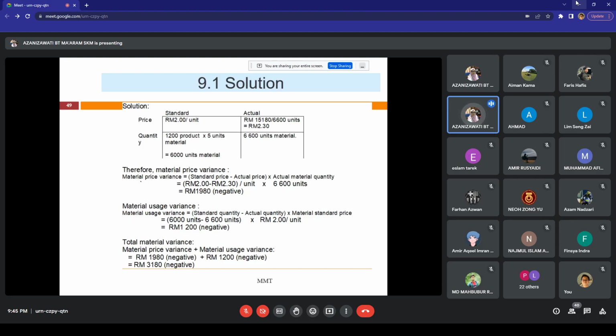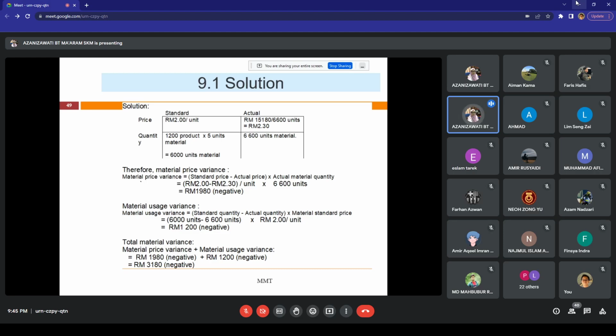Therefore the material price variance is the standard price of 2 ringgit minus 2 ringgit 30, multiplied by the actual material quantity, so you get 1,980. That is negative because 2 ringgit minus 2.30.